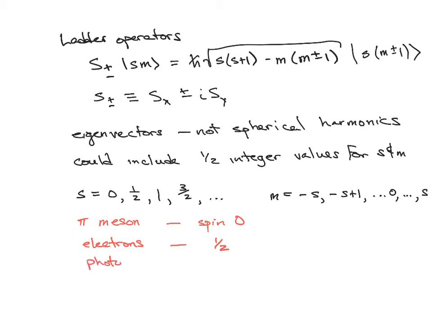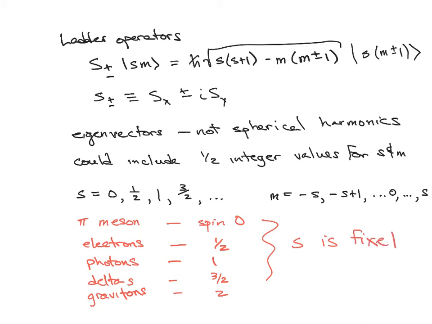Photons, also interesting for regular matter and quantum, have spin of 1. These are just the immutable values. Delta particles have a spin of 3/2. Gravitons, spin 2, and on and on. You can look up tables of elementary particles, and you can get that s is a fixed number. It is what it is for any given particle.